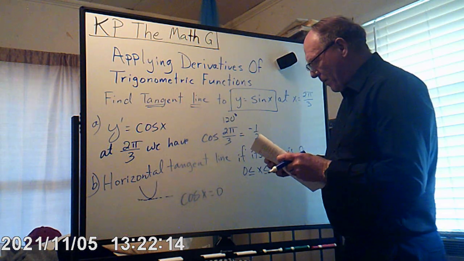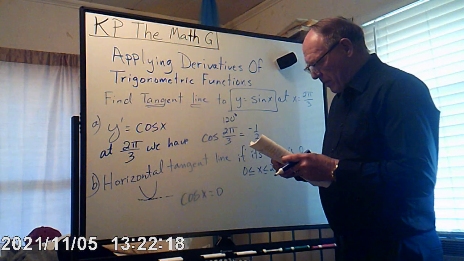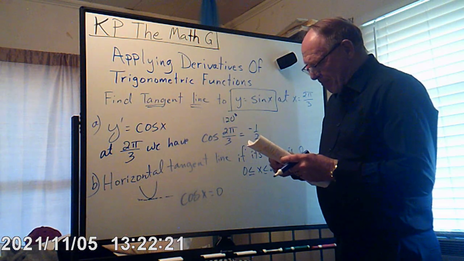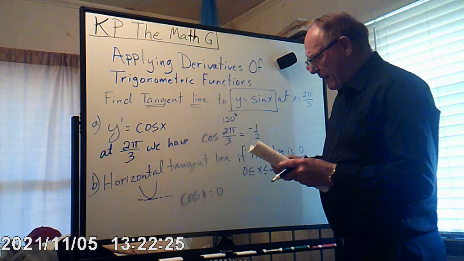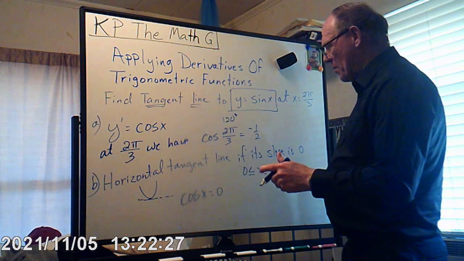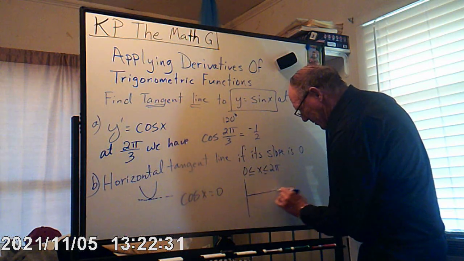We're looking for this between 0 and 2 pi. So let's see where cosine is 0.